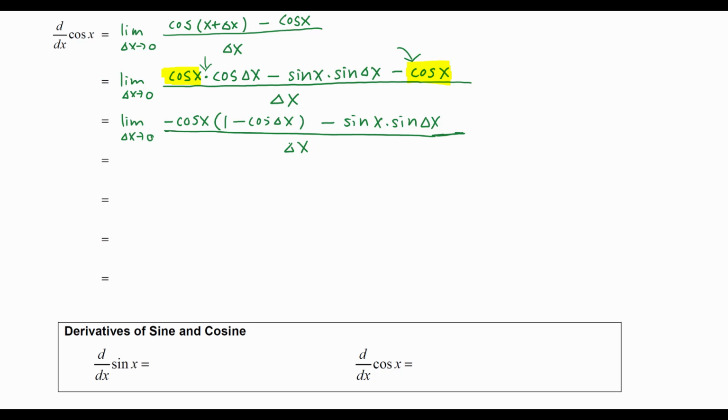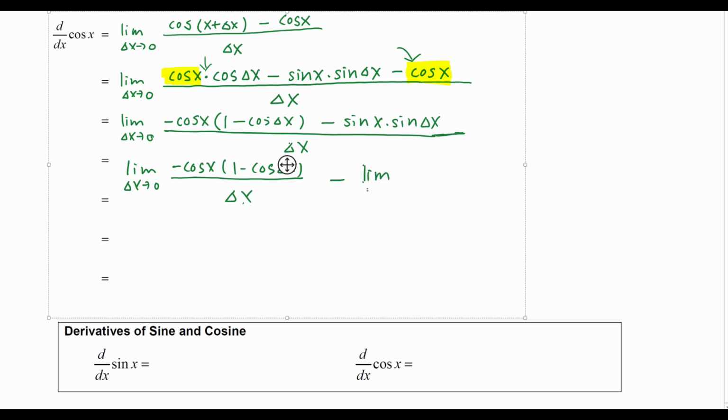So this is the same as the limit as delta x approaches 0 of negative cosine x times 1 minus cosine delta x over delta x, minus the limit as delta x approaches 0 of sine x times sine delta x over delta x. Now we can also split this product.